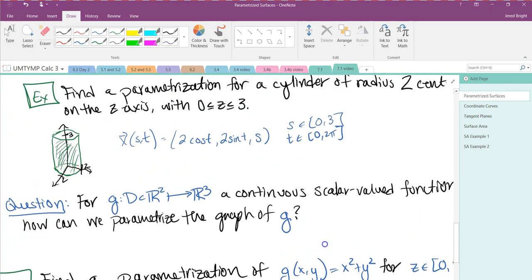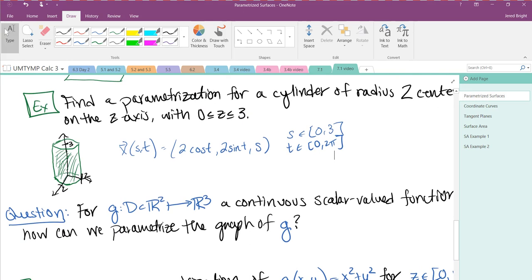Alright, and then now, before moving on, I want us to do some thinking. So if I have G as this function on domain D, that's a continuous scalar valued function, how can we parameterize the graph of G? And I want you to pause the video and just think to yourself for a moment about this.